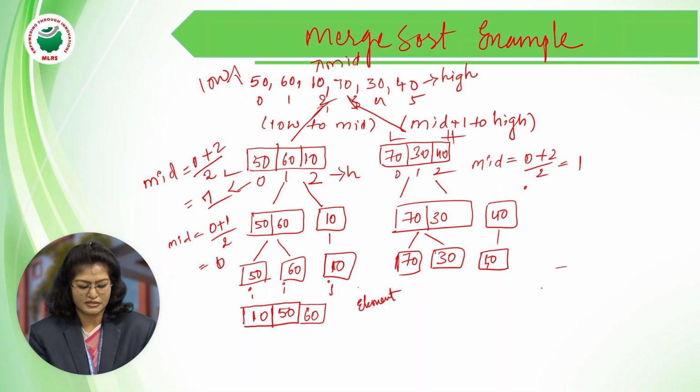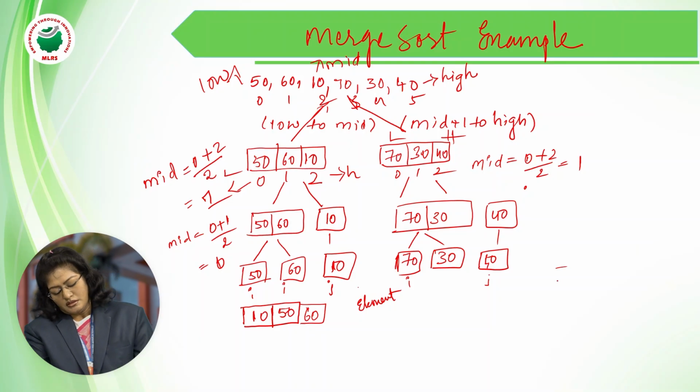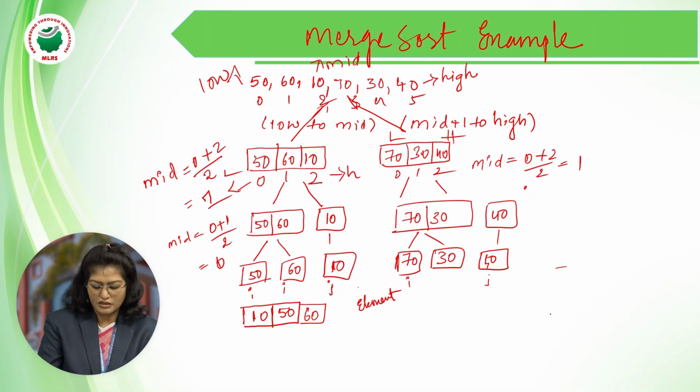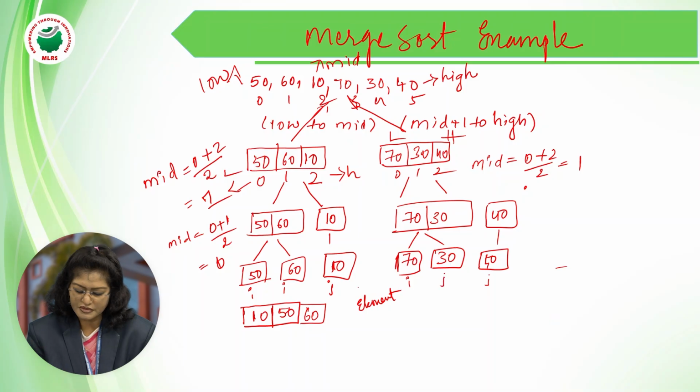As usual, the same process for the right side. So here we have 70, 30, like the I element. So you are going to compare the element with J. So here the I and J values.